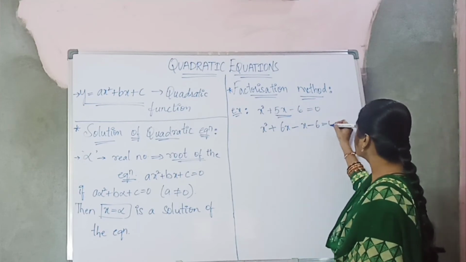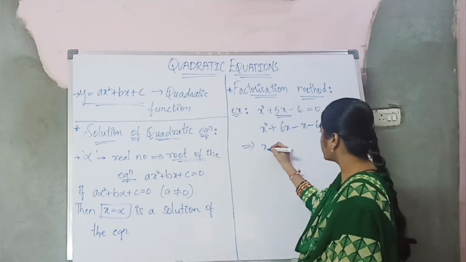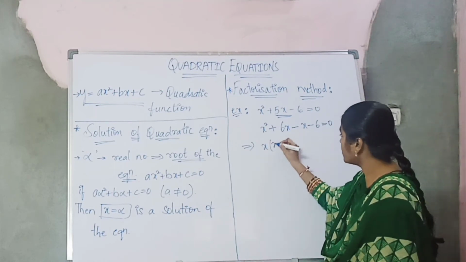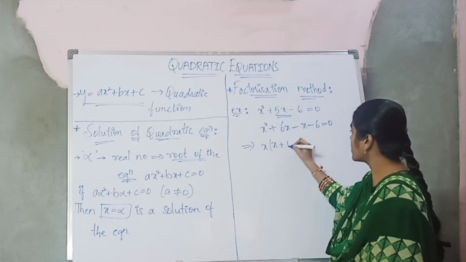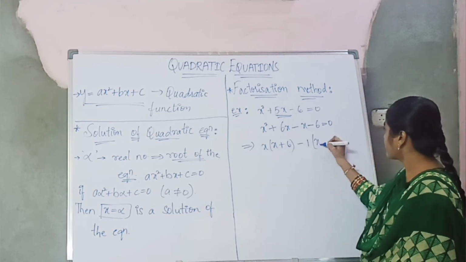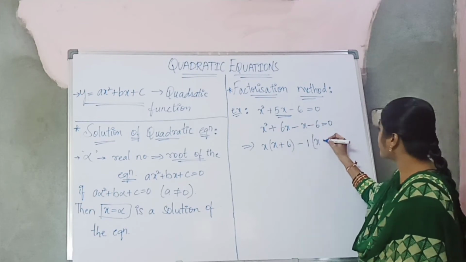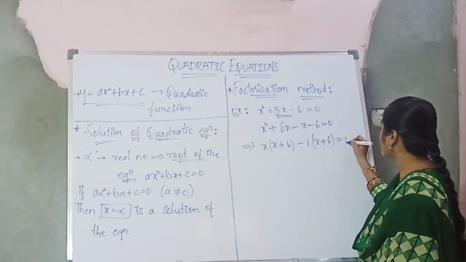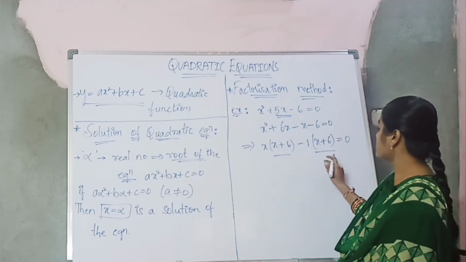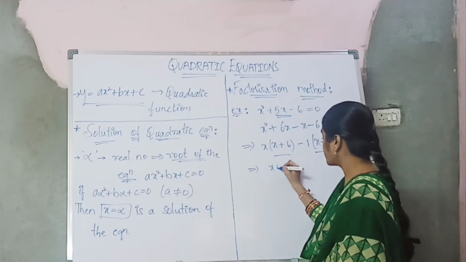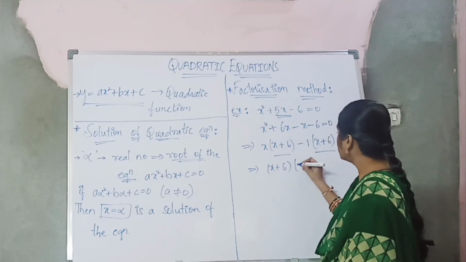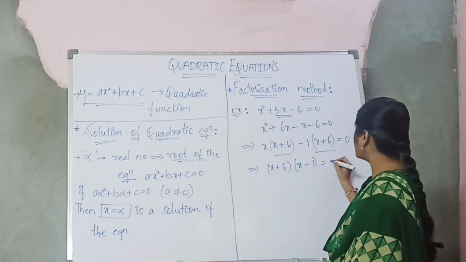Minus 6 equals to 0. Now we have to take common terms. x into x plus 6, minus 1 into x plus 6 equals to 0. So what is common here? x plus 6. That implies x plus 6 into x minus 1 equals to 0.